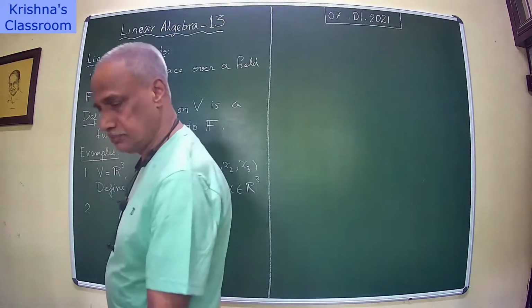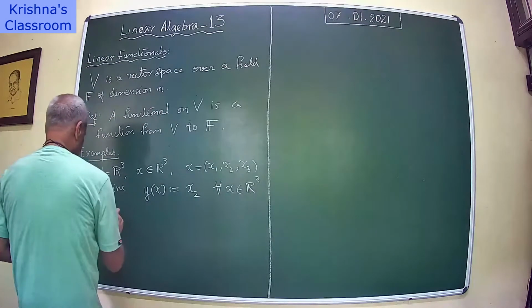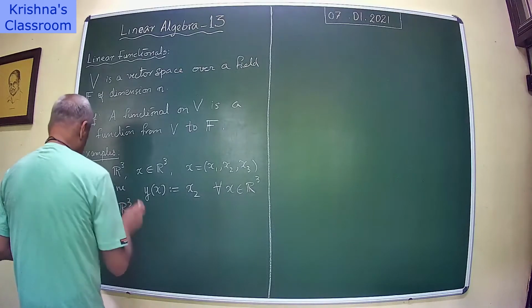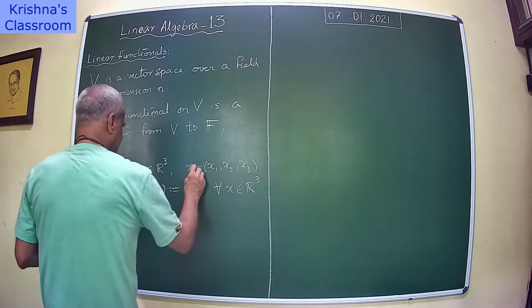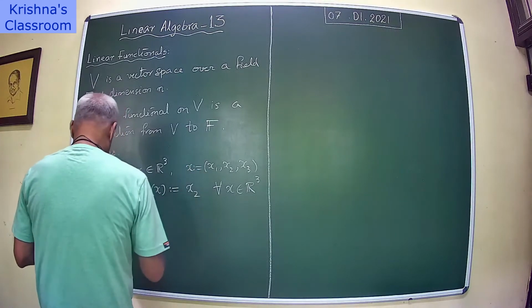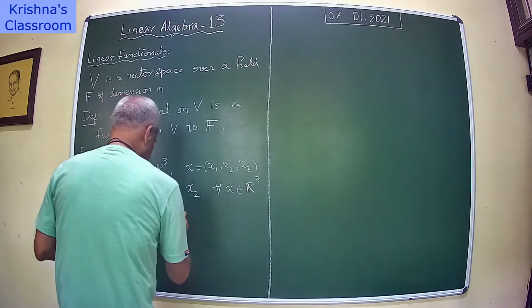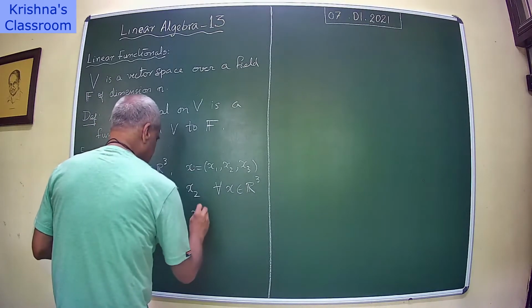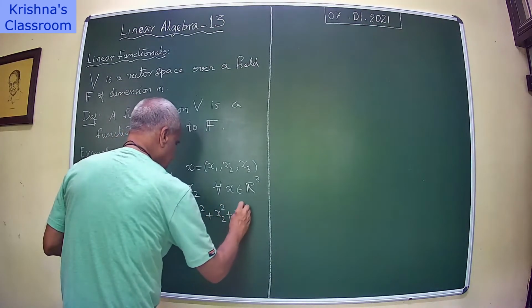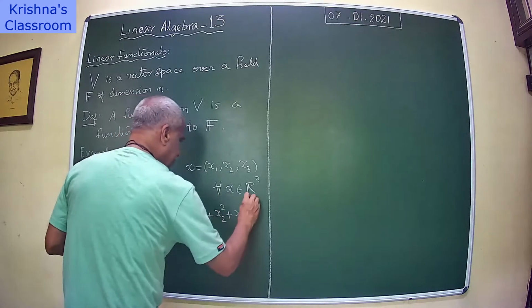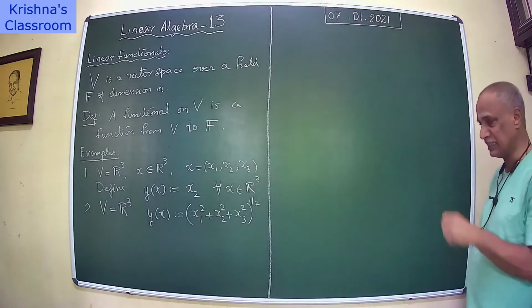Second example. Same notation, x defined like this. We define y of x as the positive square root of x1 square plus x2 square plus x3 square.